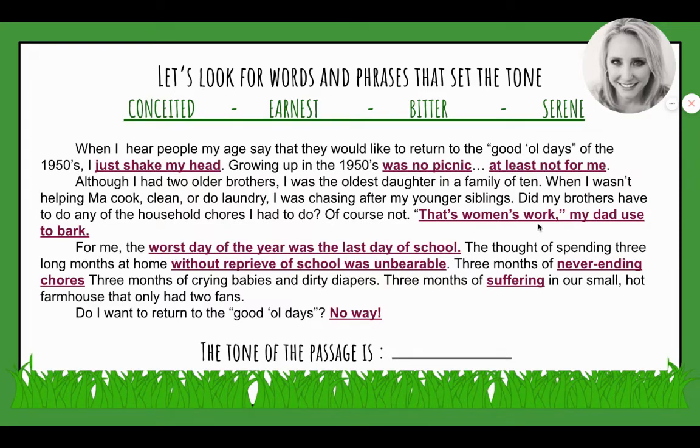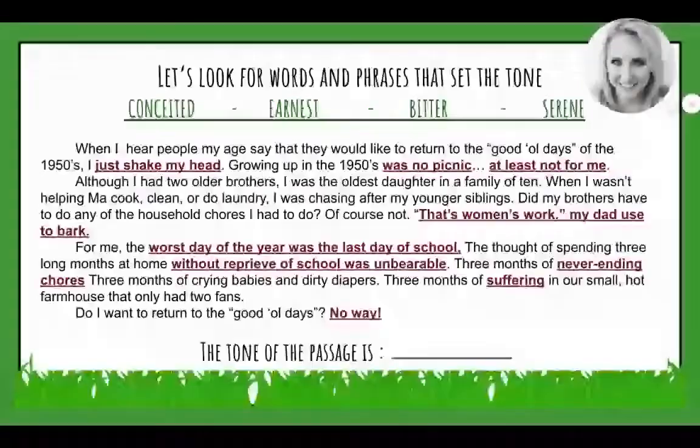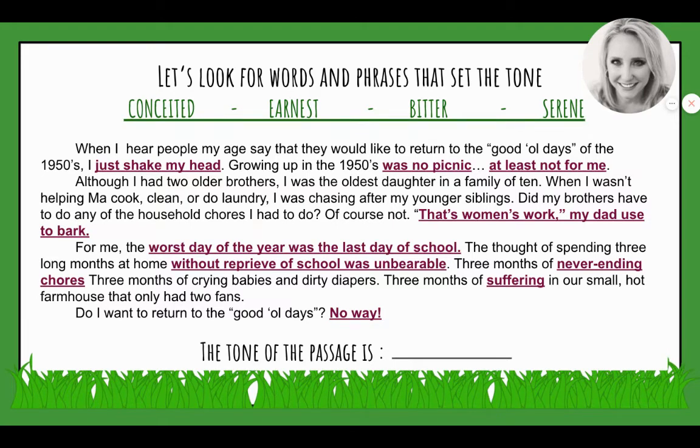I thought that this dialogue tag, the my dad used to bark, was an interesting word choice. The author could have said my dad said, but the author didn't. They used my dad used to bark. And if I bark at somebody, I'm like, ruff, ruff, I mean, you're just going at them and you're saying it in a sharp way, like a bark and a, quote, bite, like a dog action.